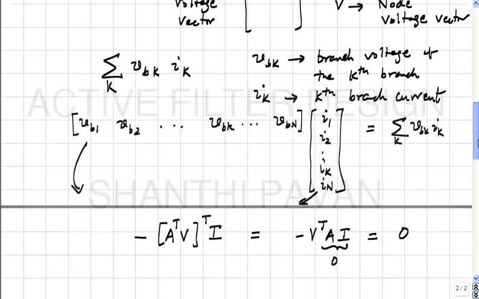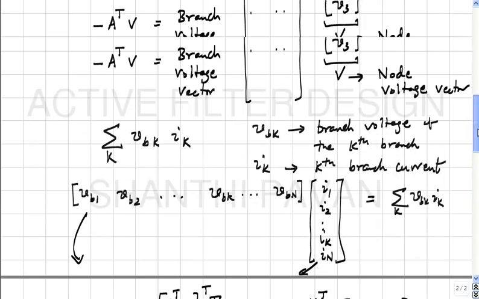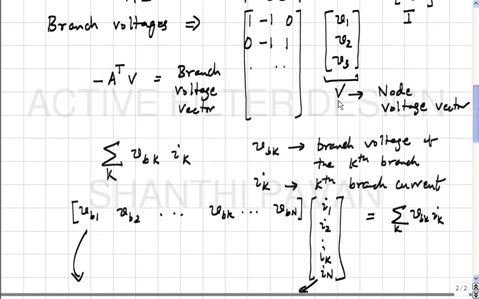What is V? V is the node voltage vector. To get the branch voltages in terms of the node voltages, we already saw that they are given by minus A transpose V. Is this clear? Yes, people, yes, no, yes. Okay.